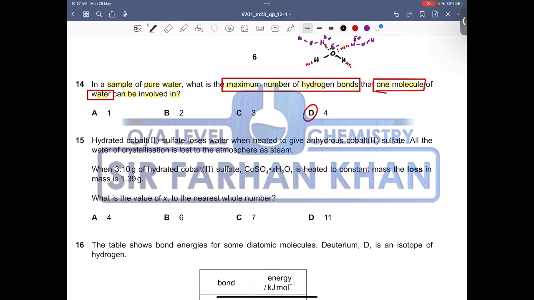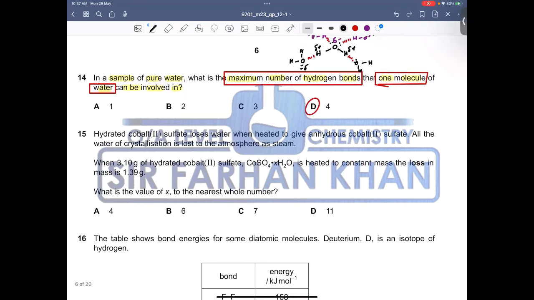And obviously these hydrogens will involve the oxygen of water. And this oxygen has slight negative, hydrogen has slight positive charge. Okay. I hope it makes sense to you. So basically we have 4.